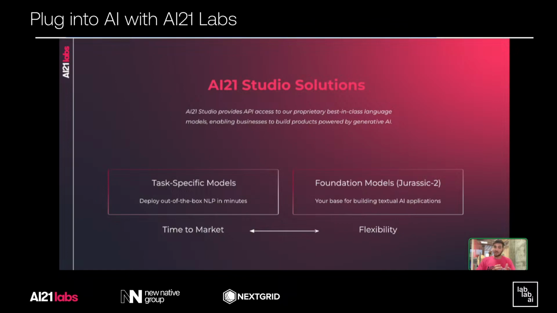It can be Jurassic 2, which comes in different sizes as I mentioned before: Jurassic 2 Lite, Jurassic 2 Mid, and Jurassic 2 Ultra, or one of our task-specific APIs that can be used for specific tasks. That's why we call them task-specific APIs.